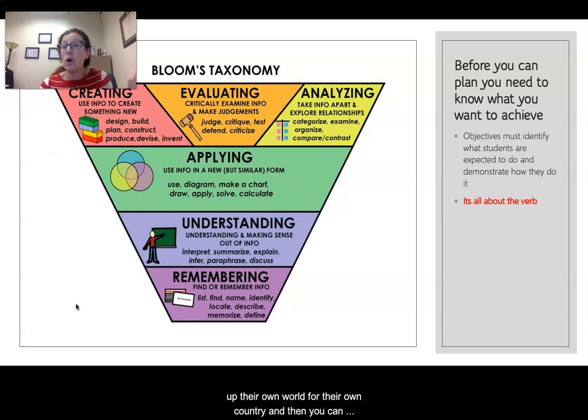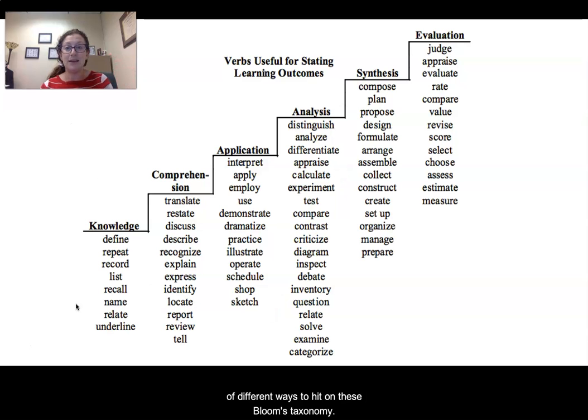They can make up their own world or their own country or their state. It could look like anything. And then they have to show you where the poles are. They have to show you where the equator on that map would be. They would have to create a key for that map. And then they could show you where natural resources are on that map. So there are a lot of different ways to hit on Bloom's taxonomy.